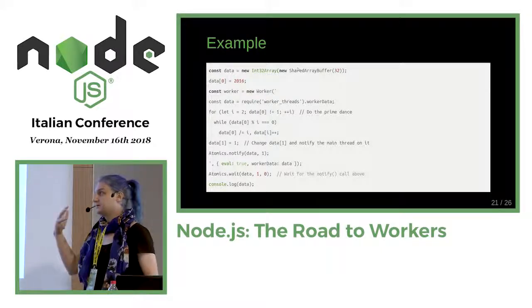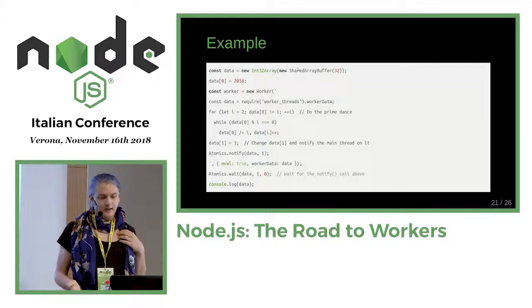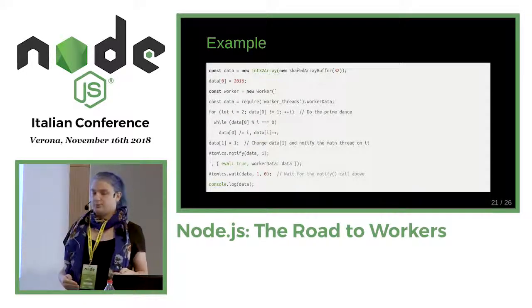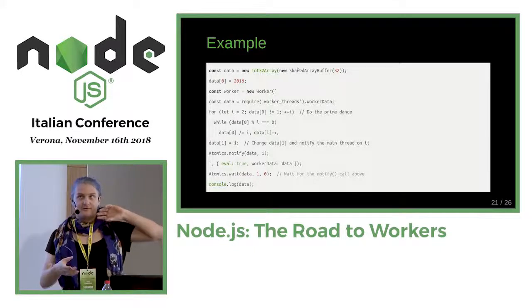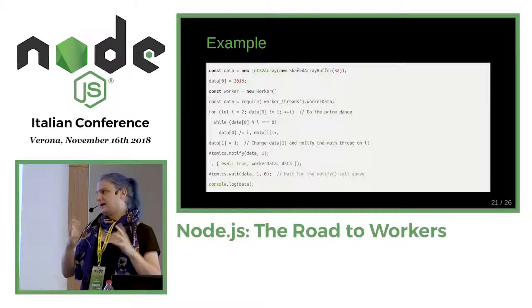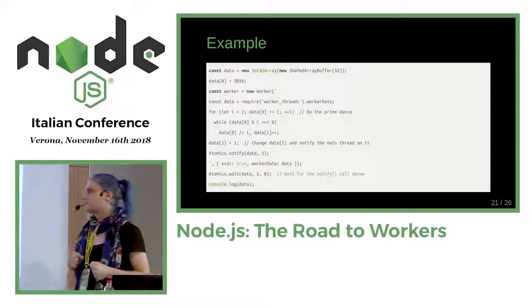For communication between threads, we actually don't use the message passing API here, but instead we use atomics.notify and atomics.wait. This is very close to what you have for threading in other languages. It's similar to locks or condition variables.